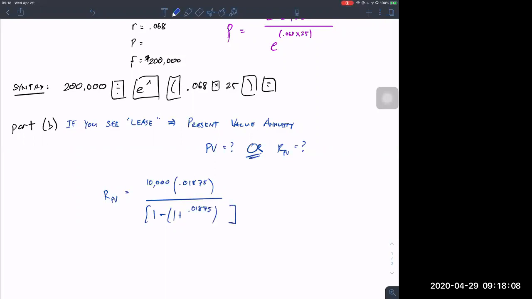And the other thing you can rely on, unless I tell you otherwise, is not only is it a present value annuity, and you're solving for one of those two variables, and the CP will be 12 because you don't pay leases, at least in this world, any other way. So you divide by 12, divide by 12, and we're doing this for 50 years, so that's to the negative 600. Okay, so that's set up for that problem.